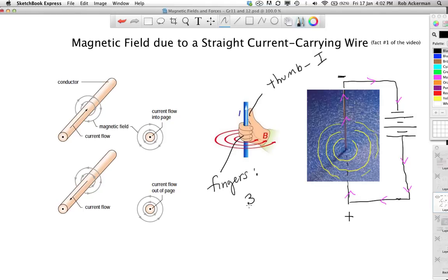Now the magnetic field is given the letter B, and it actually is a vector because it has direction. Why is it the letter B? I have to admit I don't know where B comes from. I guess they can't use M because that might get confused with mass or maybe mega or something. So B it is. The fingers are in the direction of the magnetic field. The thumb is in the direction of current. And we call this the right hand rule.